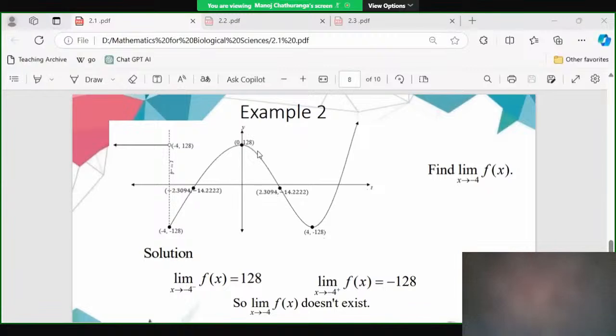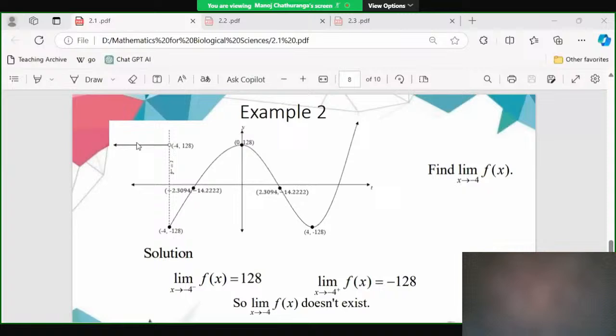Again, you can see from this graph there is a curvy part on the right-hand side, and a horizontal line part to the left of the picture, and there is a gap occurring at -4.